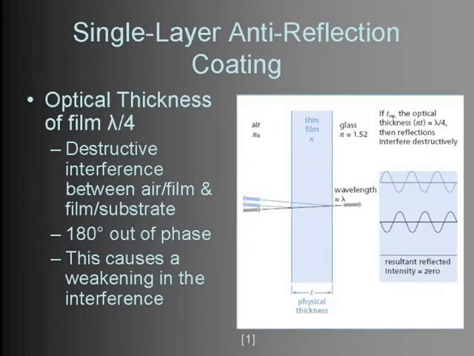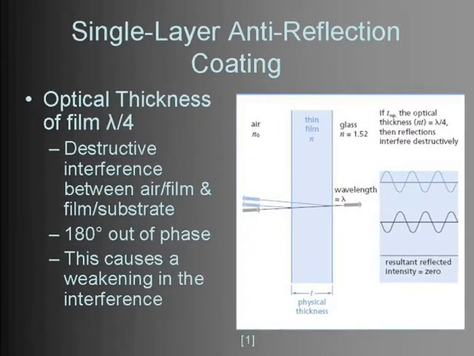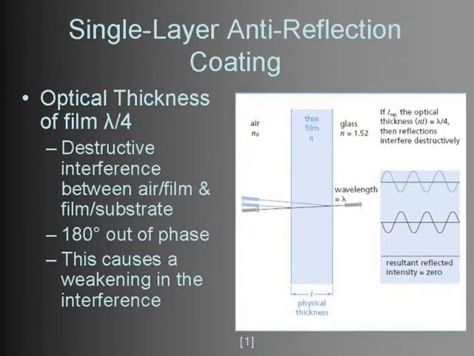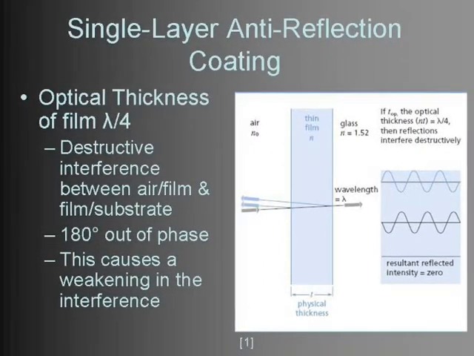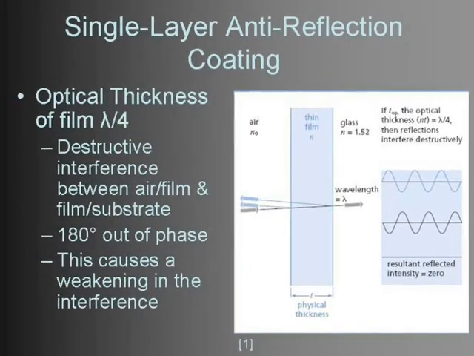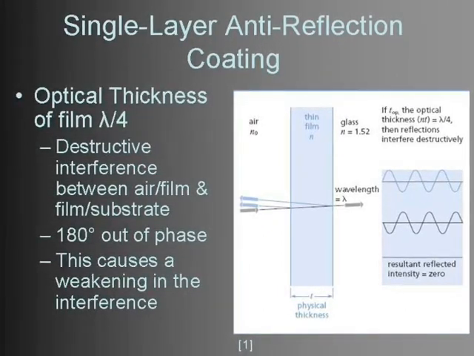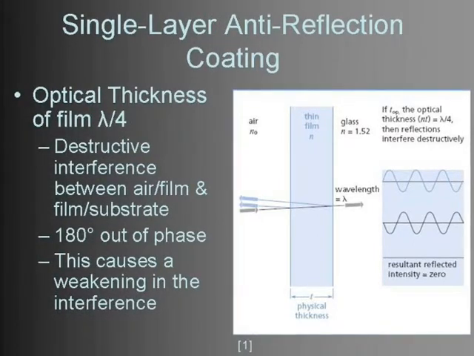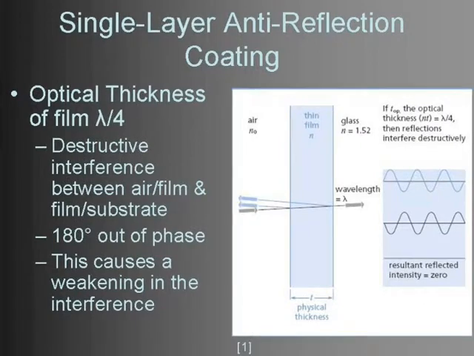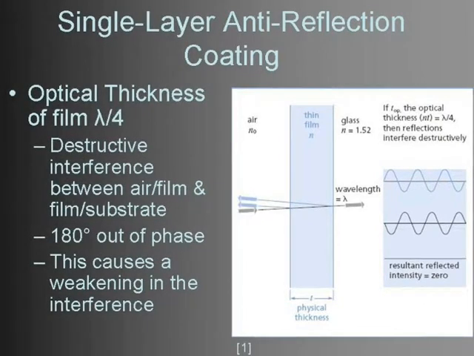What is an anti-reflection coating? Well, it's pretty much a coating which eliminates reflection of a given surface. A single layer anti-reflection coating, as the name states, is a single layer film used to coat an optical surface. As mentioned before, this property can be obtained by having a quarter wave optical thickness for the thin film.